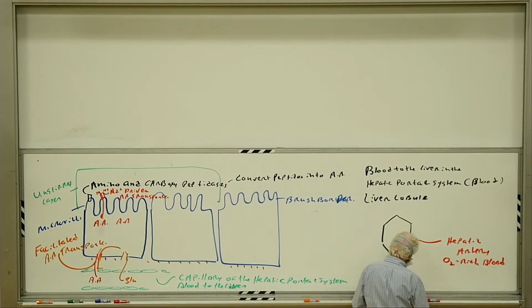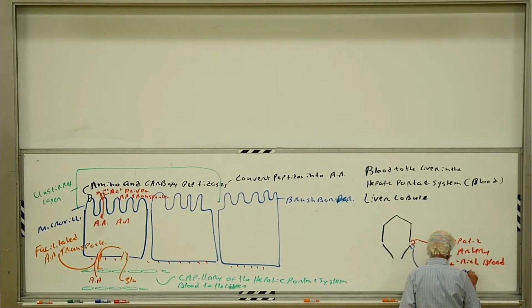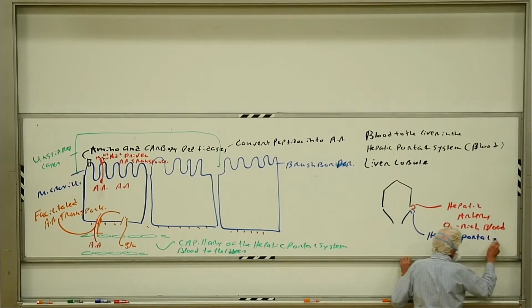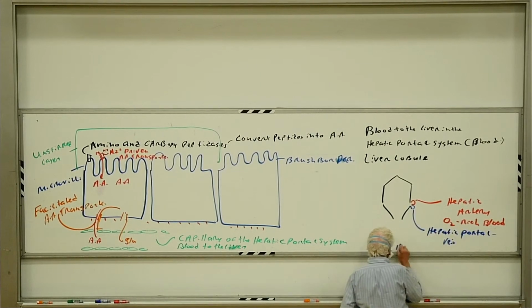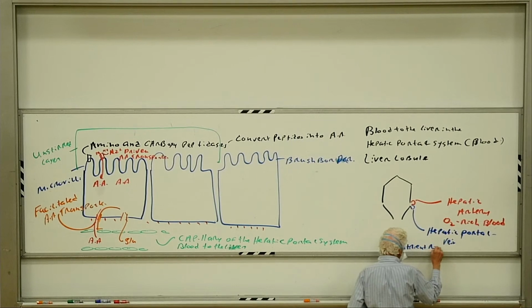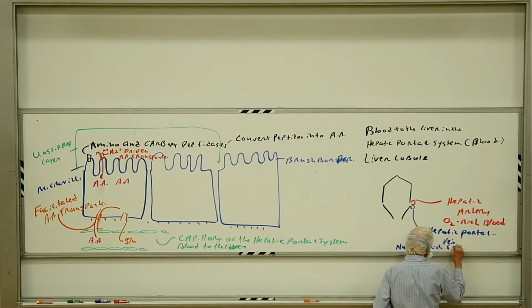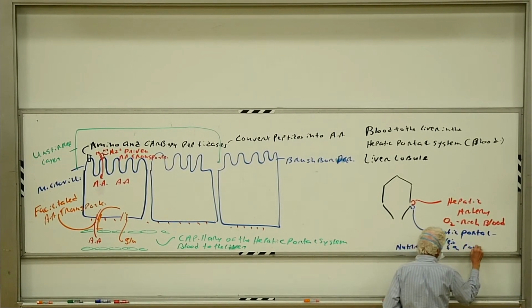But then there's a companion vessel here, right alongside, which is an extension of the hepatic portal vein. The hepatic portal vein is, of course, carrying nutrient-rich and O2 poor blood.